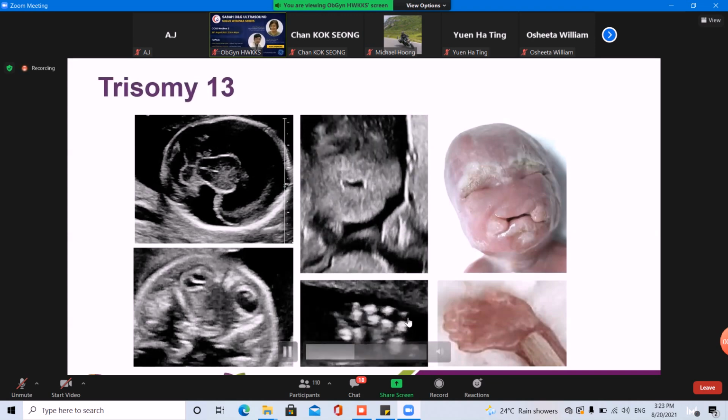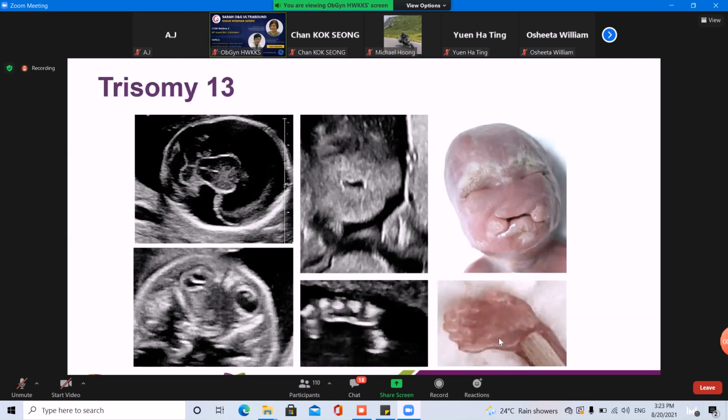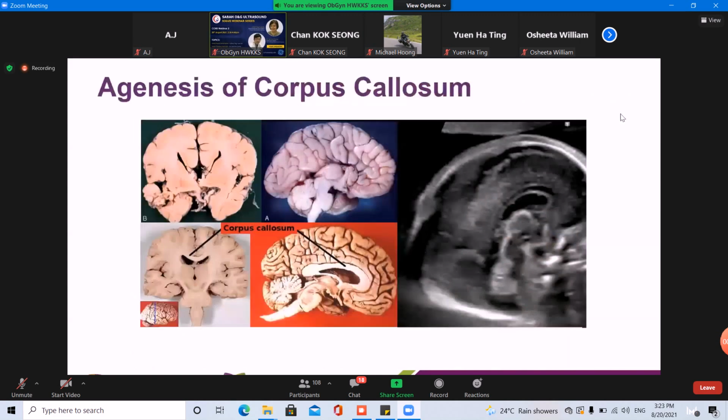And when you count fingers, 1, 2, 3, 4, 5, five fingers together with the thumb, so altogether six fingers, and this is called post-axial polydactyly. Whenever you see a case of holoprosencephaly together with post-axial polydactyly, most of the time it is trisomy 13.